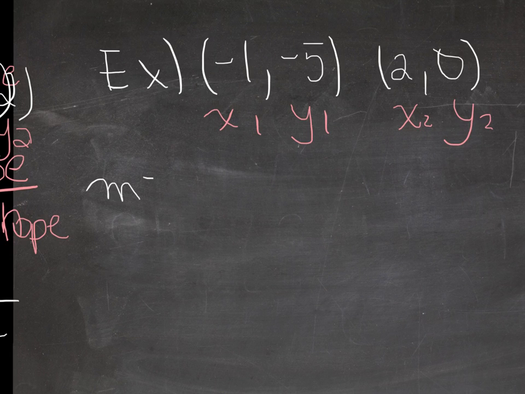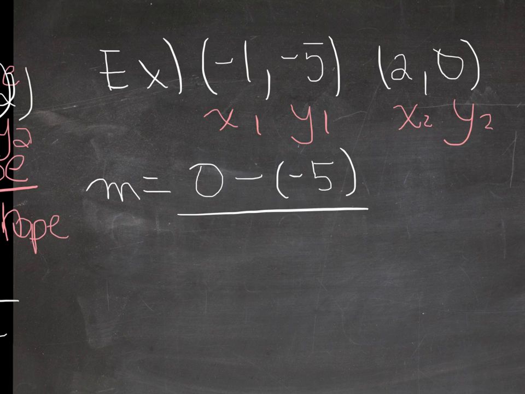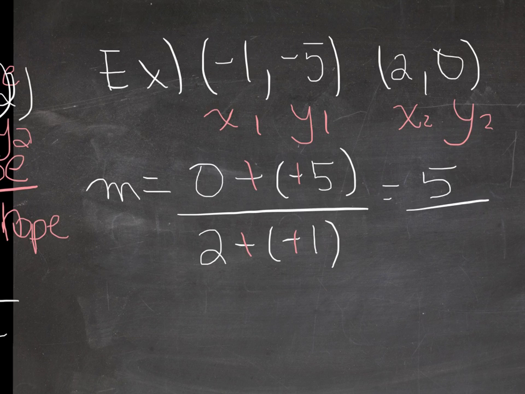So slope is equal to y2 minus y1 over x2 minus x1. Again, I have to watch my integers, so these are going to change to plus. So I have 0 plus 5 is 5, over 2 plus 1 is 3. So the slope of that line would be 5/3.